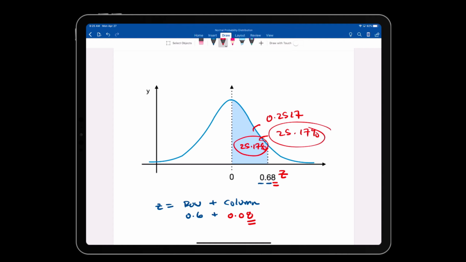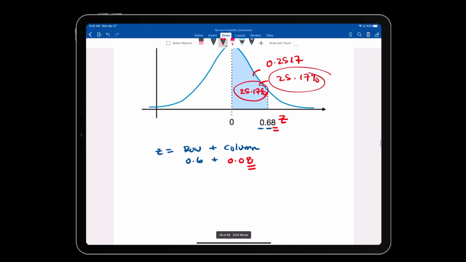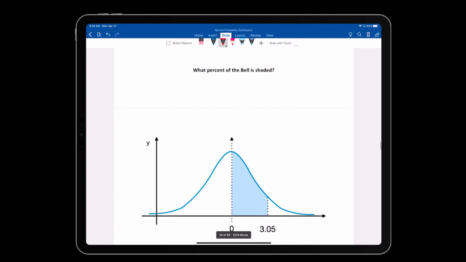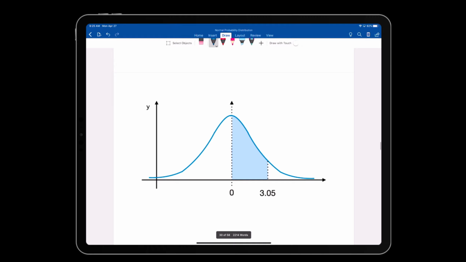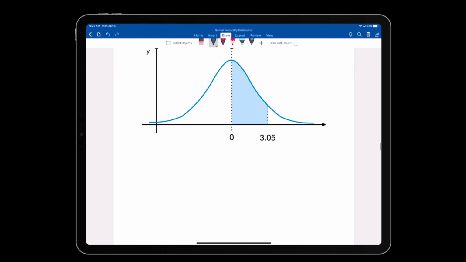And this table is only good for 0 to some z value. And then you say, okay, what about the next one? Well, here z is 3.05. So let's try this out.